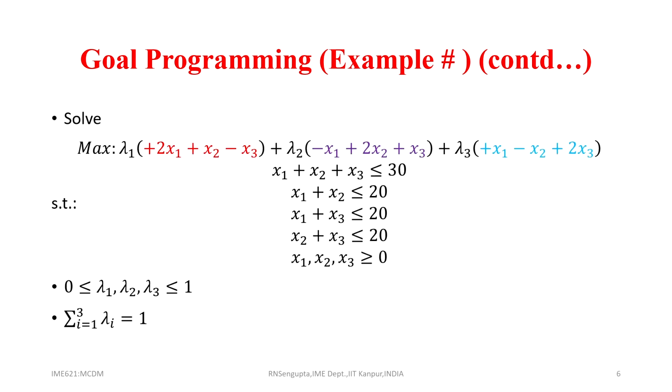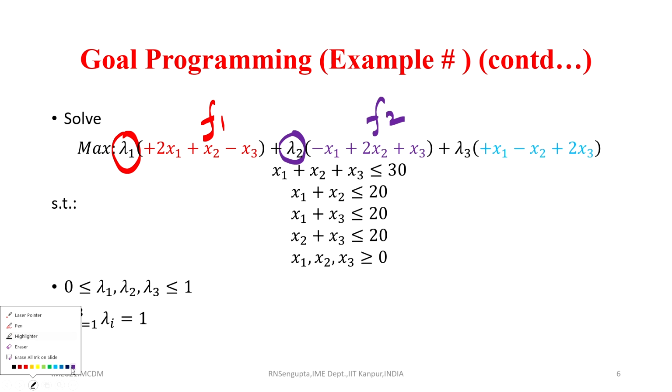Having said that, let us utilize the concept of not transferring the objectives into the constraint, but giving weights. The weights we consider for function 1, function 2, function 3 are lambda 1, lambda 2, and lambda 3 respectively.